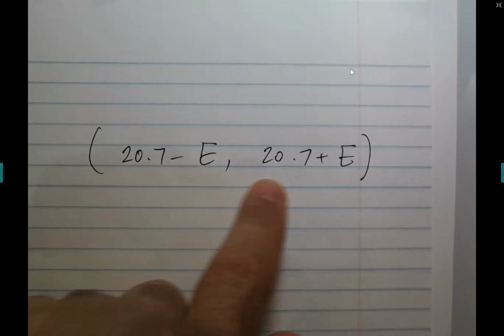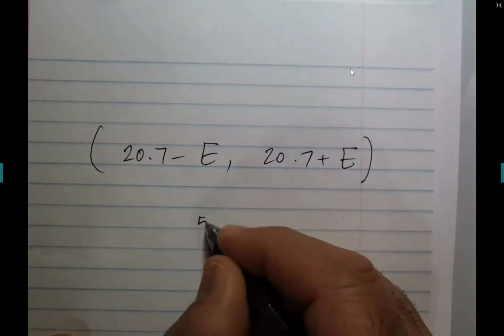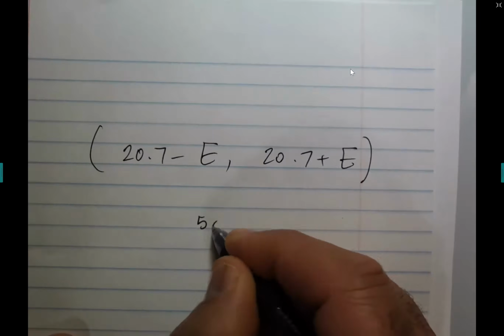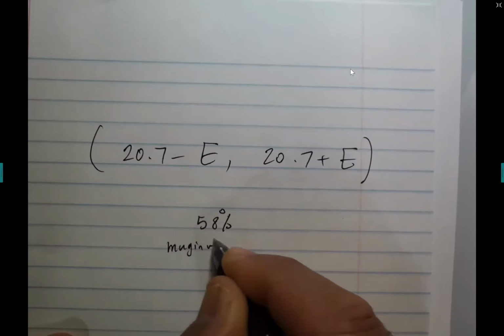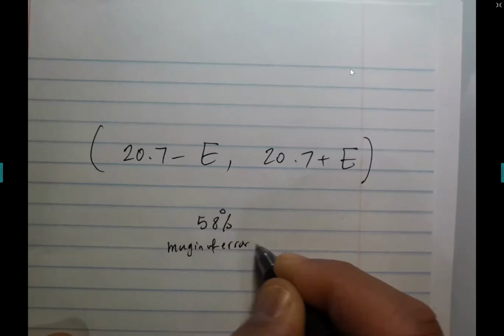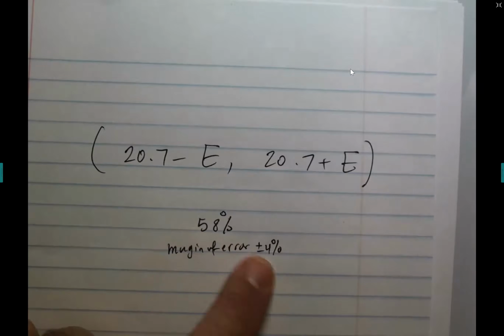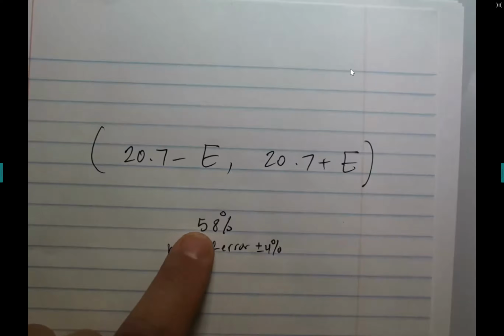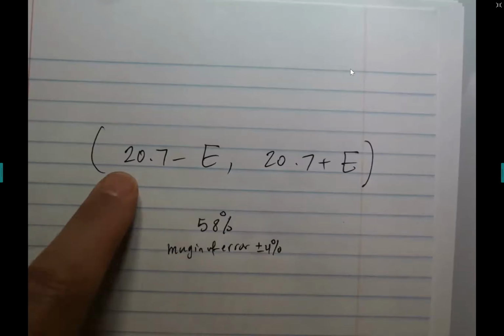And to prove my point, guys, when I showed you the CNN poll, I showed you, for example, the 58%, and then I showed you the margin of error, plus or minus 4%. And I asked you, what would be the actual values? And you told me 58% minus 4 and 58 plus 4. And it's the same thing.